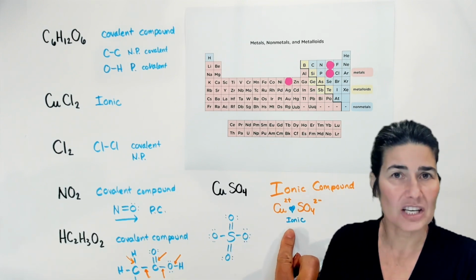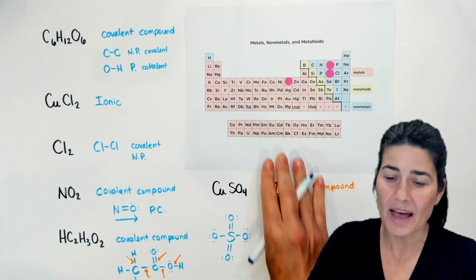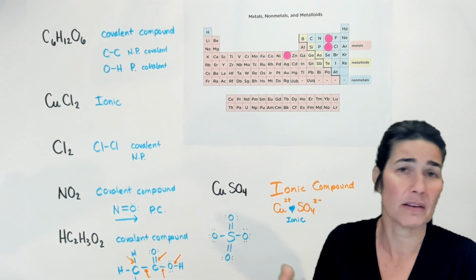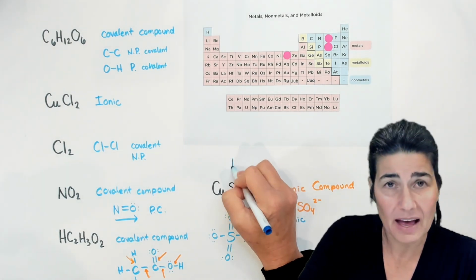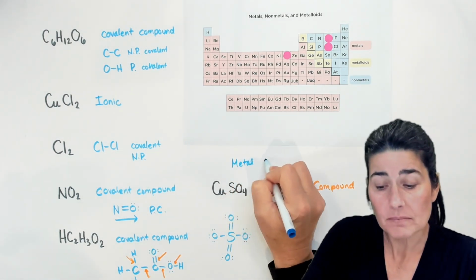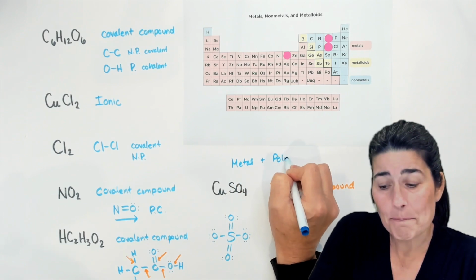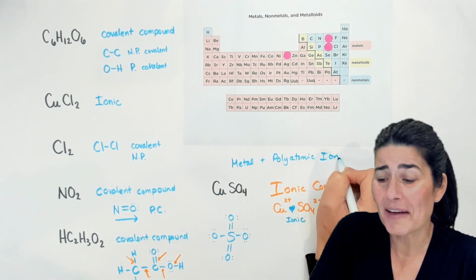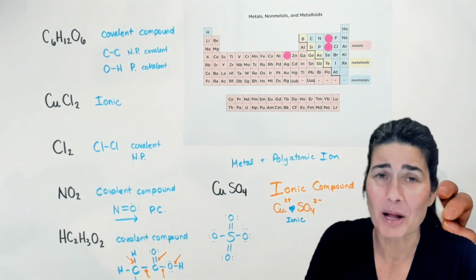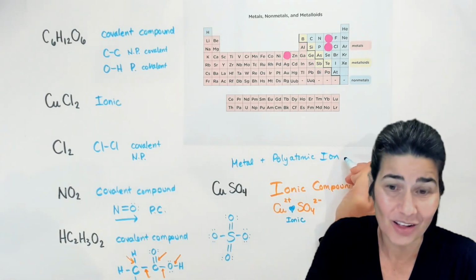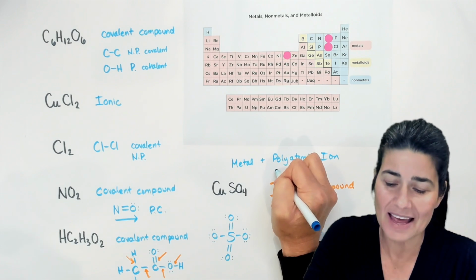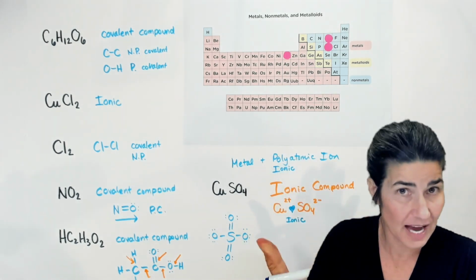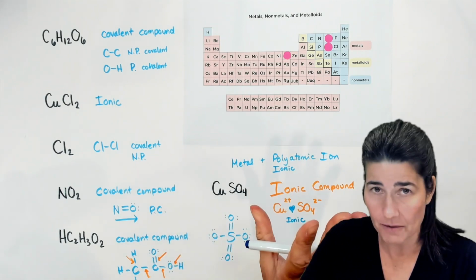So in this particular case, I'm going to give you this rule in general: if you have a metal plus a polyatomic ion, or in fact, if you see a polyatomic ion at all, then you're going to say that you have both inside you, even though you're an ionic compound for sure.